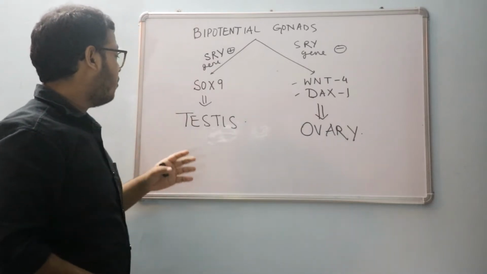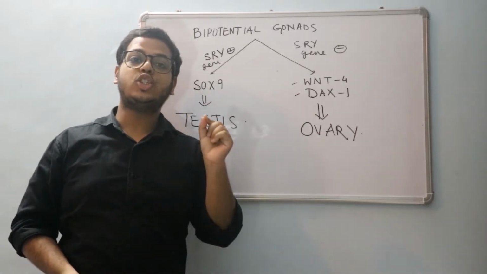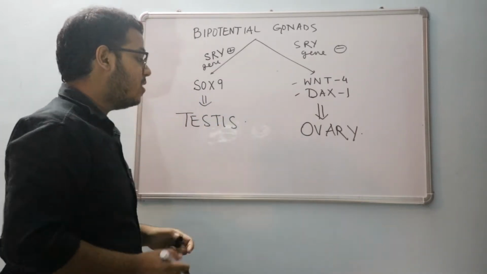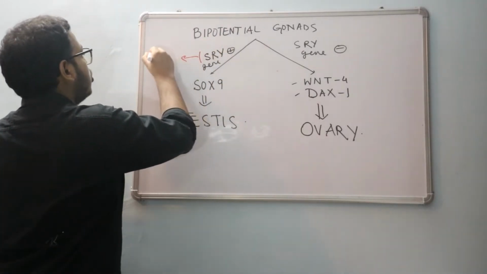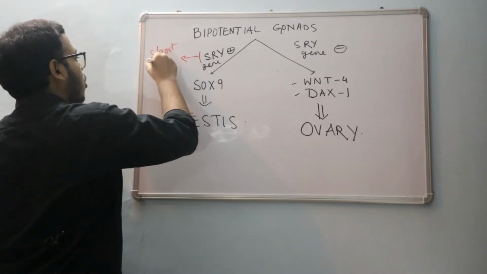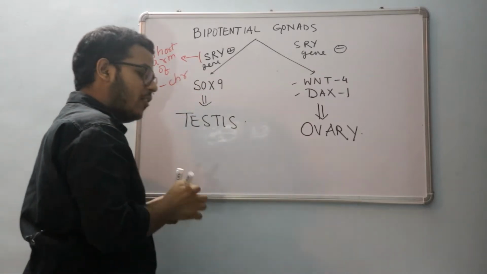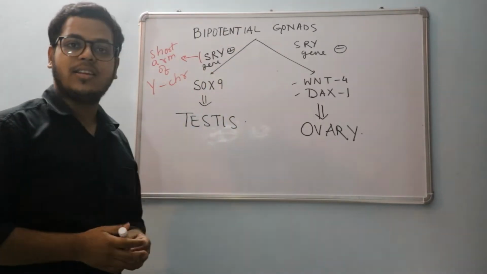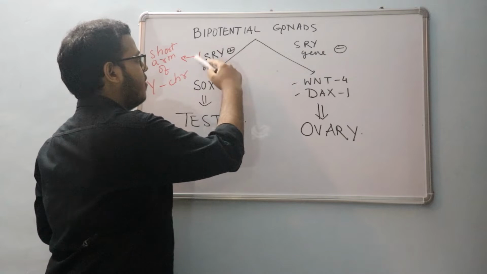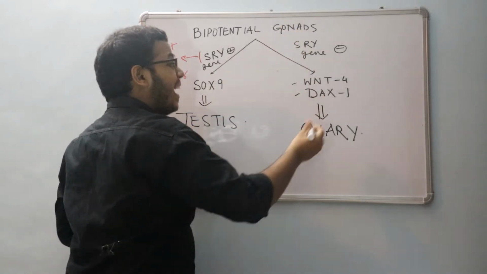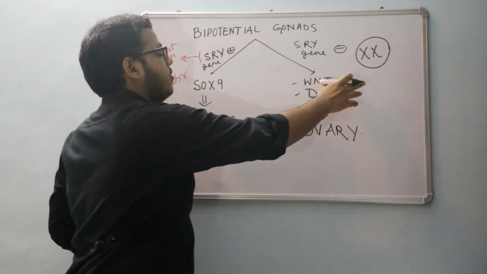Now what is this SRY gene? It is a gene which is present on the short arm of the Y chromosome. So definitely it won't be present in females, correct? It won't be present in females because they don't have a Y chromosome. Actually, not females, I should say the XX karyotype, 46XX.